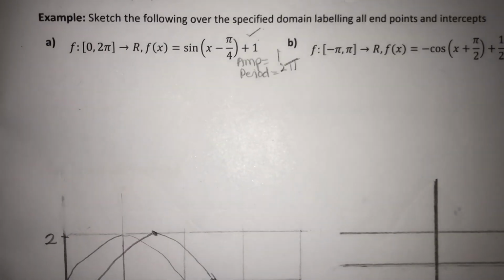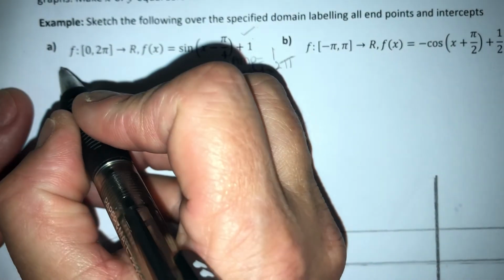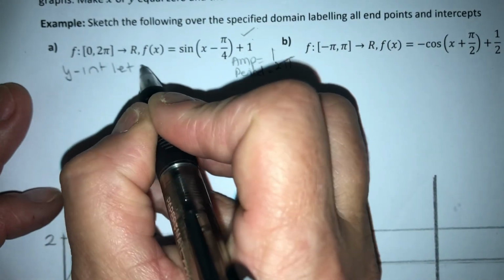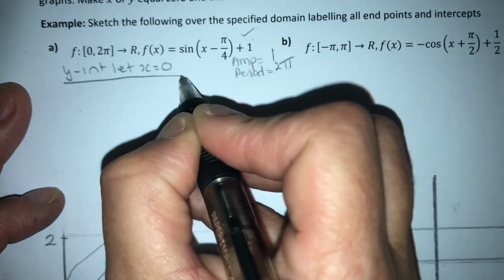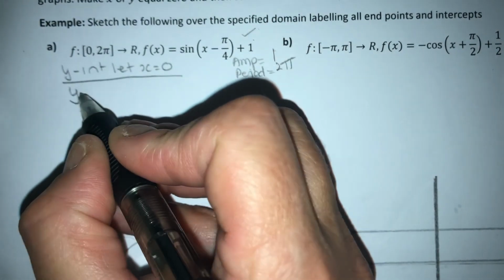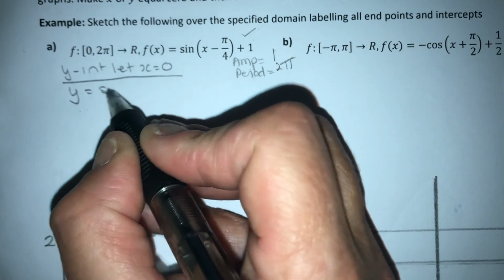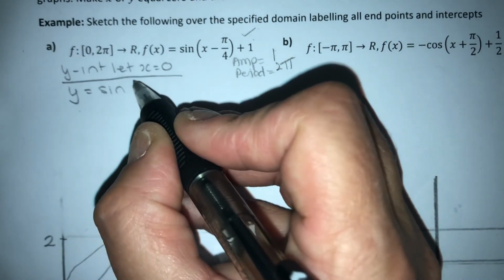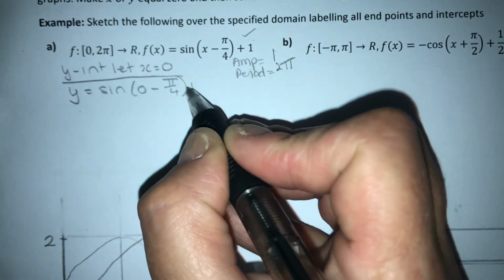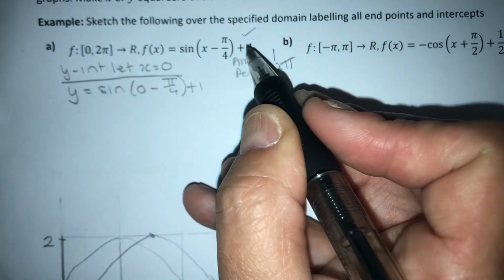So the first one we're going to work out is the y-intercept. And of course, for y-intercept, we let x equal 0. All right, so we're just going to put that into our formula. So we're going to have y equals sine (0 minus pi on 4) plus 1. All right, that's what we've got here.